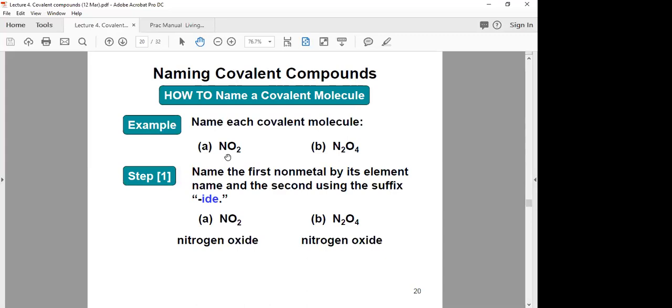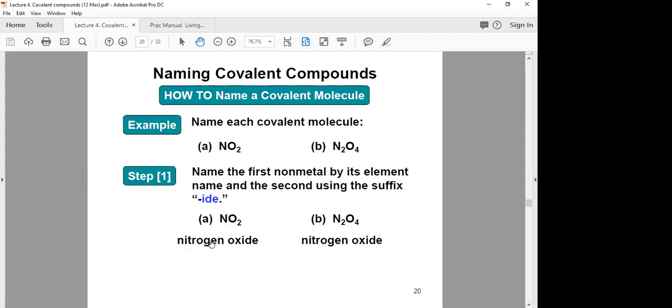Firstly, name NO2 and N2O4. So both with nitrogen, both with oxygen. We name the first non-metal by its normal element name and the second using the suffix "ide." So let's name them.